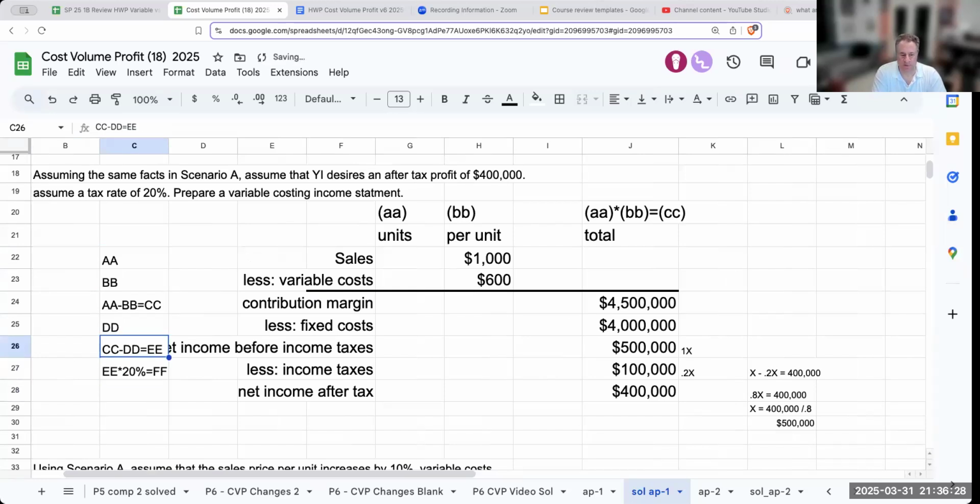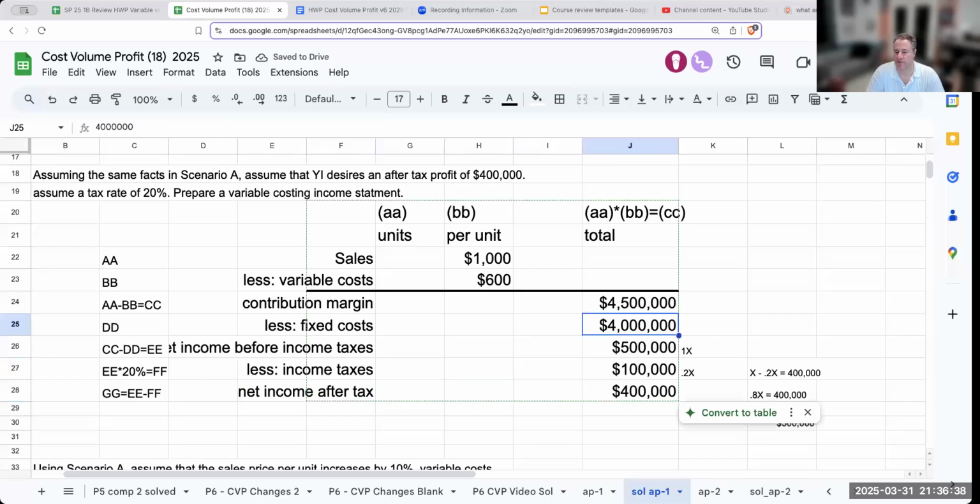This net income before income taxes times 20% gives me my income taxes. And then my net income after tax is over here at 400,000. So my contribution margin must have been 4.5 million.